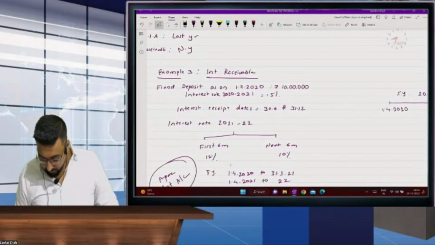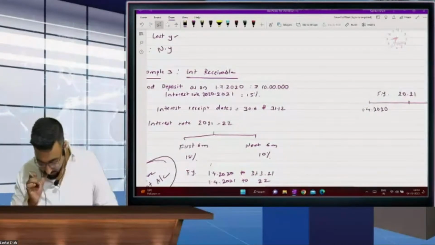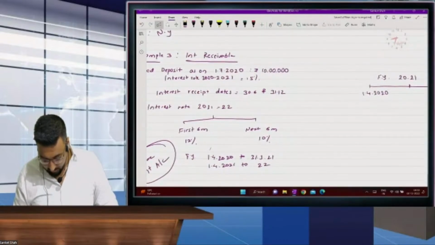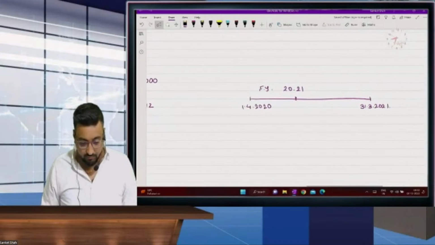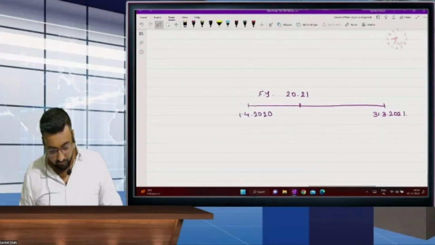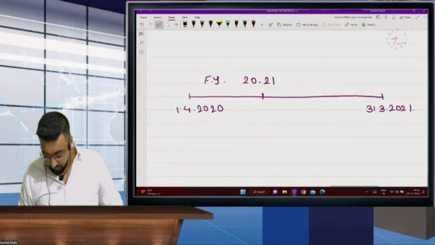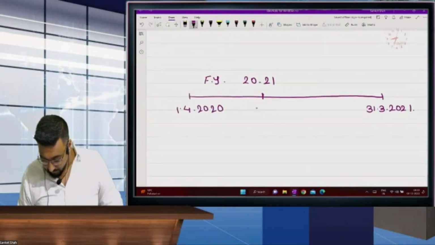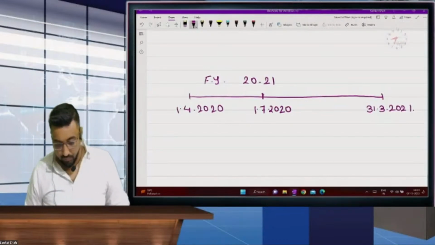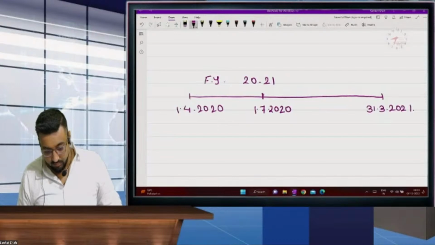So FD 1 जुलाई को किया. FD कब किया? See, 1 July 2020, from this up to 31st March 2021.